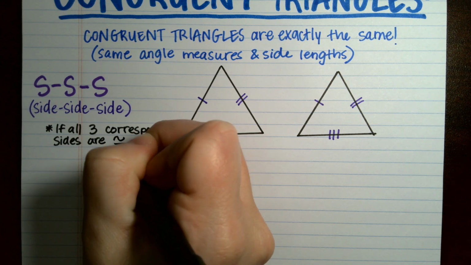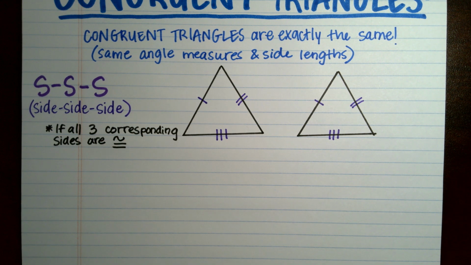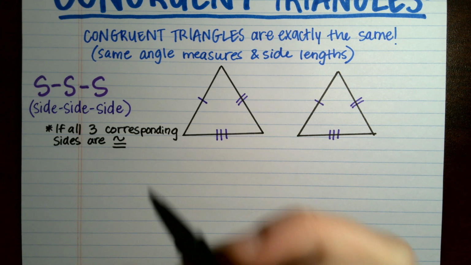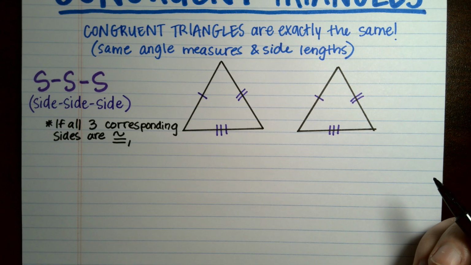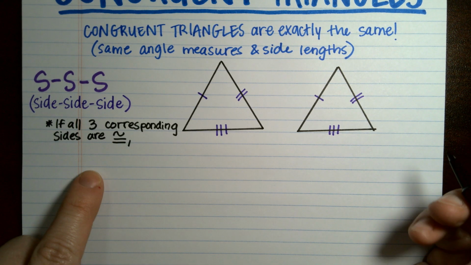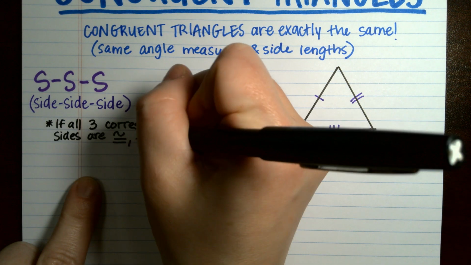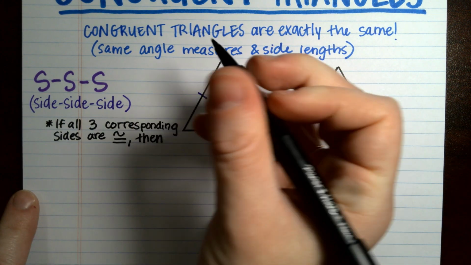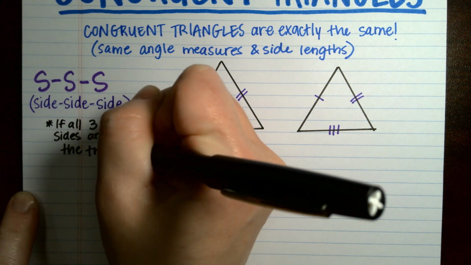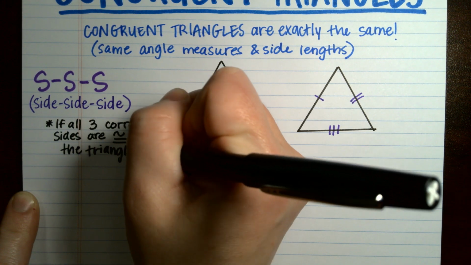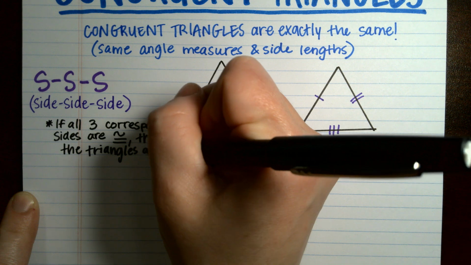It's just an equal sign with a squiggly on top of it. So if all 3 corresponding sides are congruent, then the triangles are congruent. And these are the same.